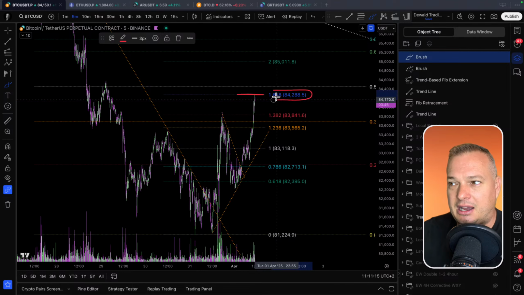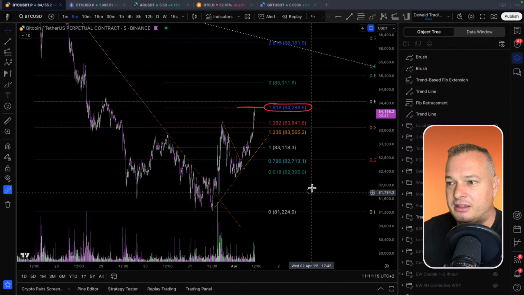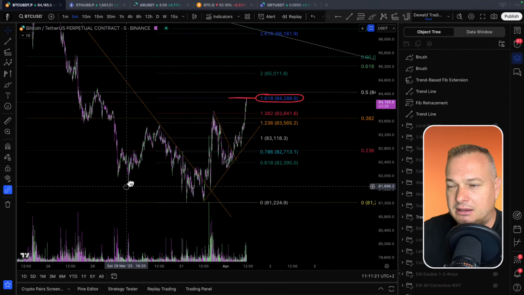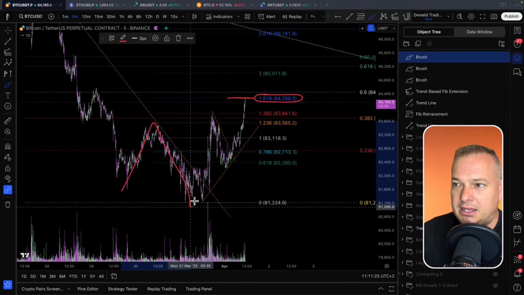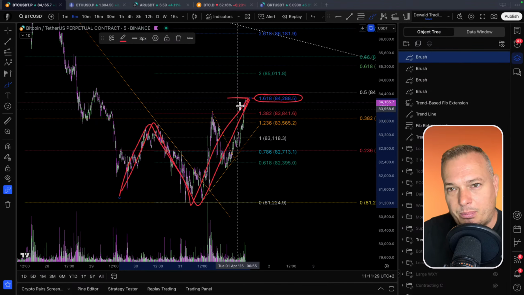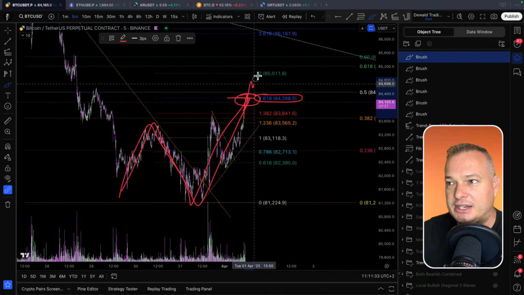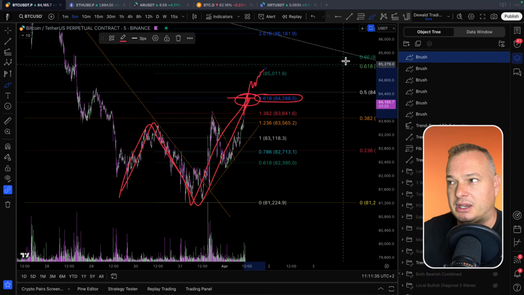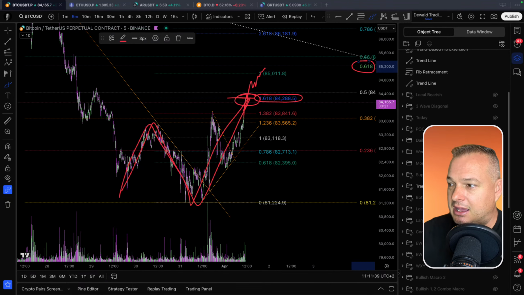The reason I like this fib pool over here, legends, is that this could be an A, B, C, a three-wave structure to the upside, a very complex three-wave structure. If this scenario gets invalidated and price just continues to pump to the upside, I really like the 0.618. And guess what?